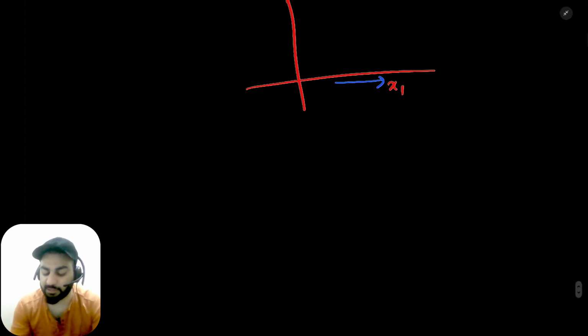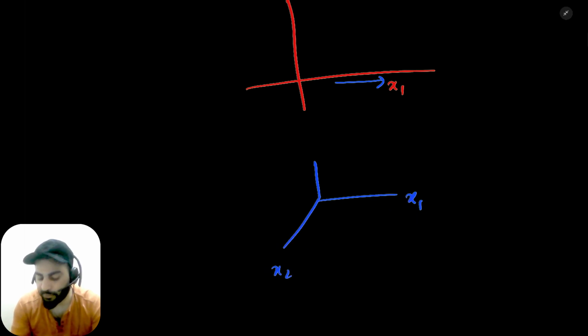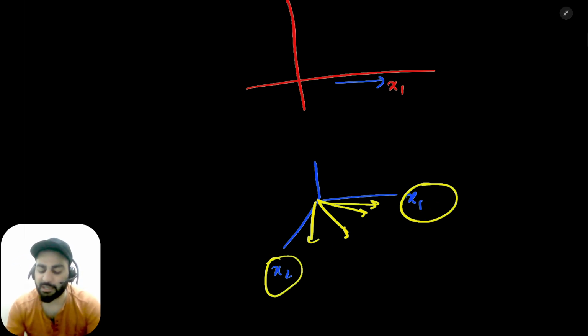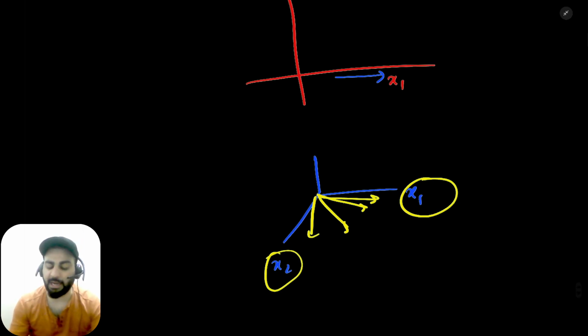Now you have x1 and x2, and you can nudge these two values. You can change only x1, only x2, or both. If you change the combination of these things, you want to see the impact it has on the function. That is called the gradient.